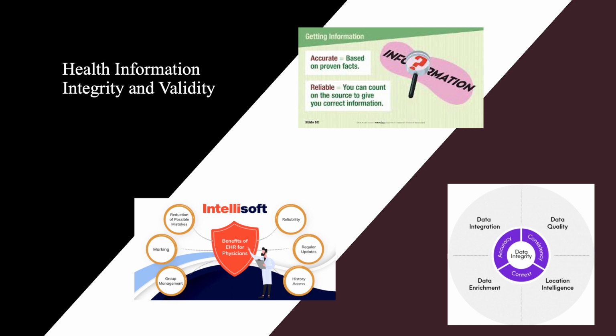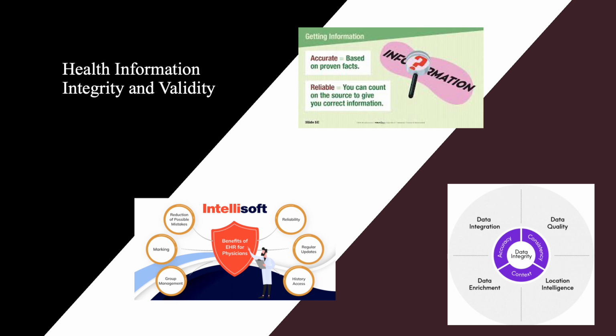It is also having the ability to represent reality. The significance in patient care is that having correct information is important for informed decision making in patient care. This influences diagnosis, treatment, planning, medication management, and overall care delivery.